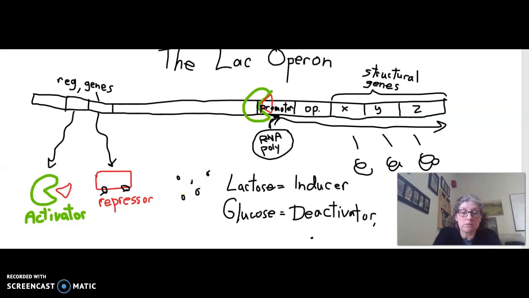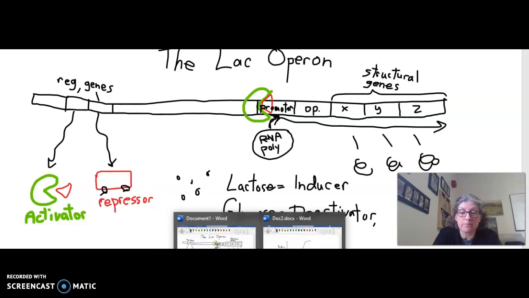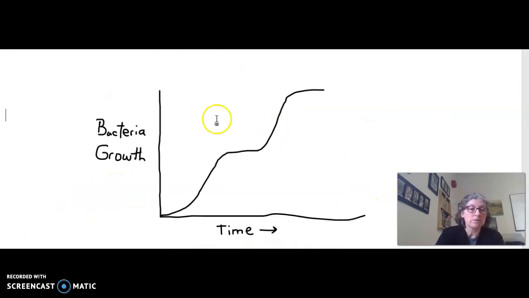Okay, so now let's go back to the other picture. So here, now think about this again. Let's draw a little red line on the top of this first upswing of the curve. What is the bacteria going to eat first? What does it prefer? So what's it eating here when it first starts to grow? And will the Lac Operon be active here? Think about that.